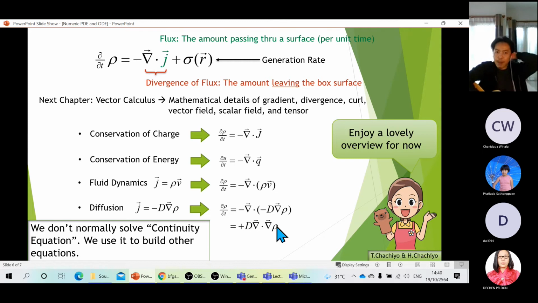In the next chapter, we are going to do this kung fu of vector calculus, and we'll see that this becomes the Laplacian operator. Now we get back what we had as the diffusion equation in the last chapter. So that's how we use this equation in physics, but we don't normally solve it. We use it to build another equation.